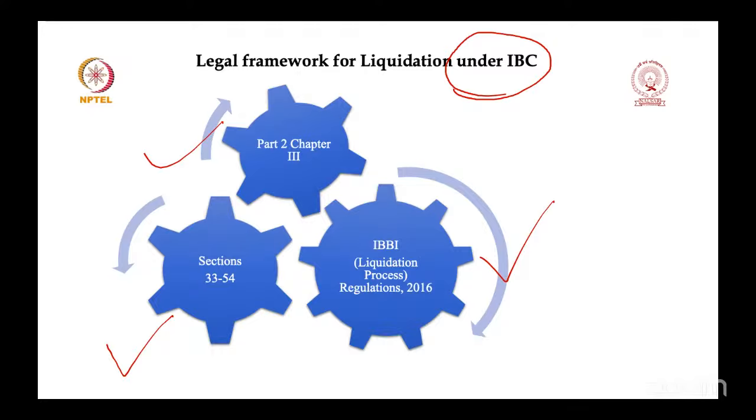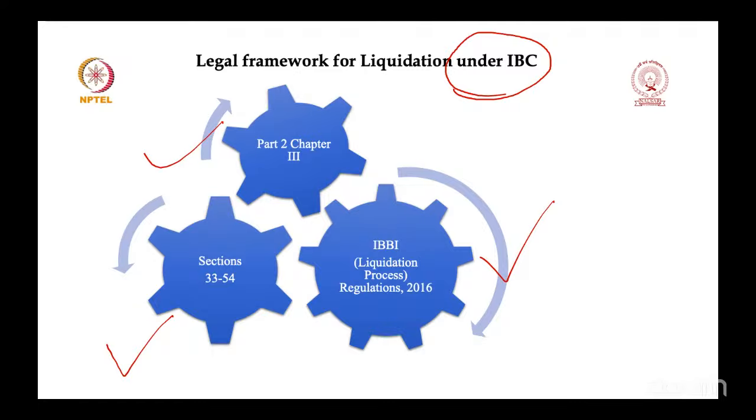So whenever a corporate debtor is getting liquidated, it's very important for us to understand what the various legal provisions are that will come into play, what the act is, what the regulations are, and apart from that, whether I have to look at anything more apart from these is an important question.